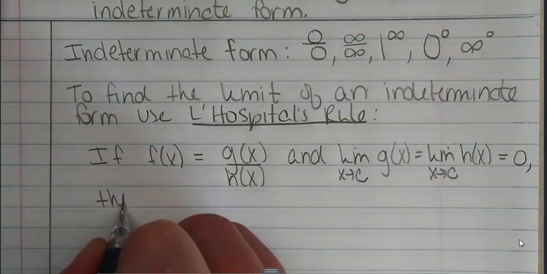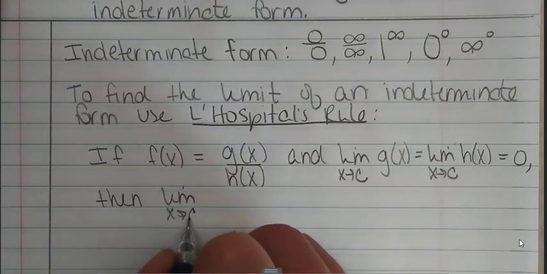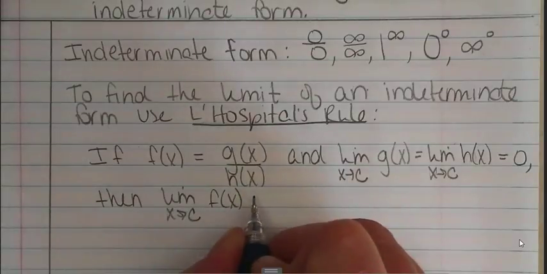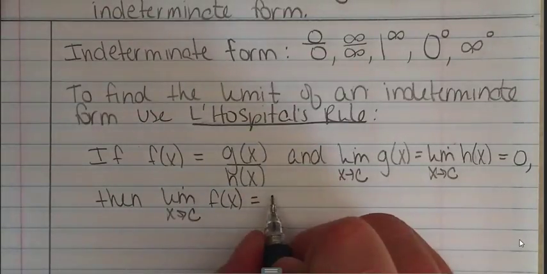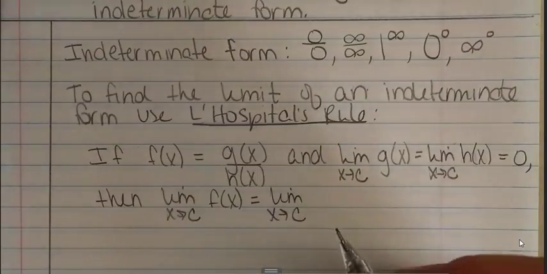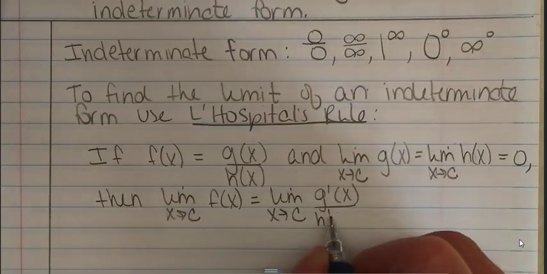Then the limit as x approaches some number c of f of x will equal the limit as x approaches c of the derivative of the numerator and the denominator separately.